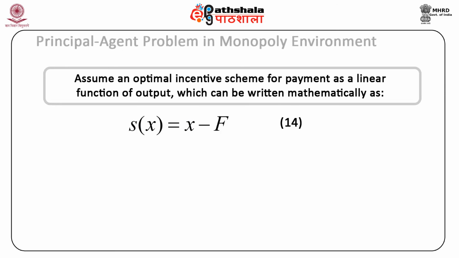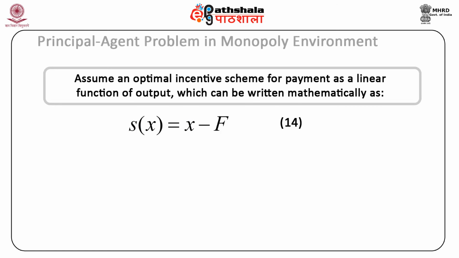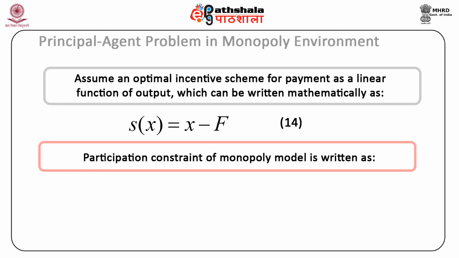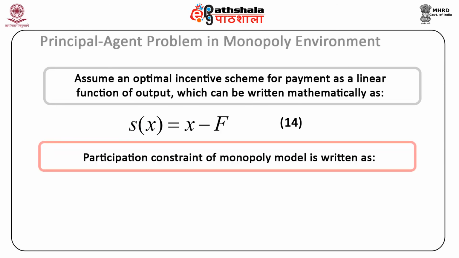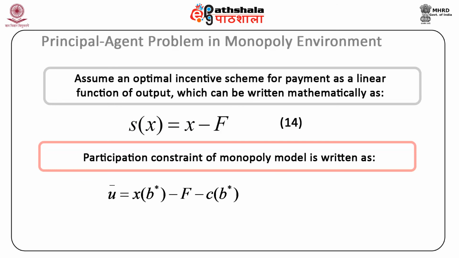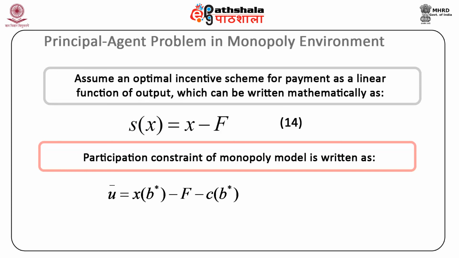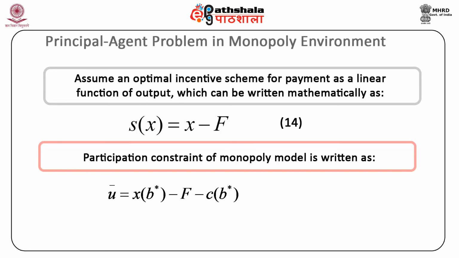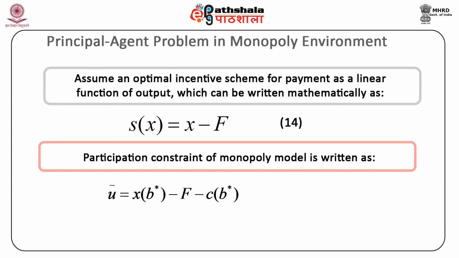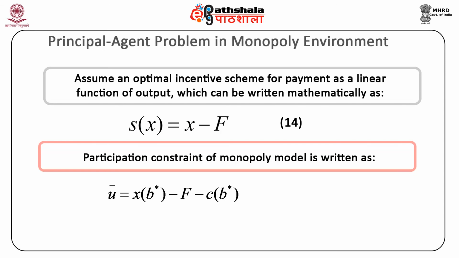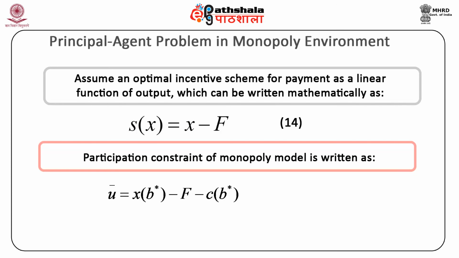This is condition 14. In passing note, participation constraint of monopoly model is written as U bar equals X(B star) minus capital F minus C(B star).